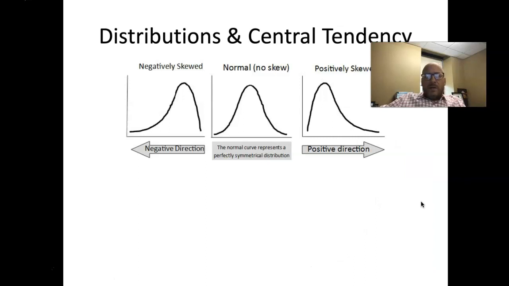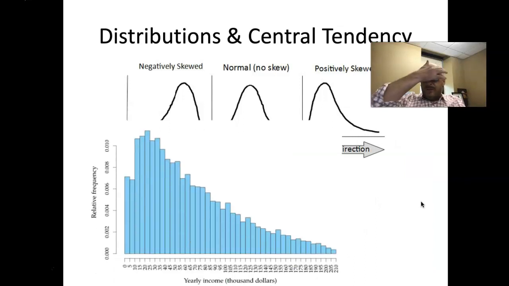I'll show another example. This is the annual yearly income in thousands of dollars, I think, in the United States. What you should see is that this is a positive skew. It goes up, comes down this direction a long way, but it can't go below zero. That's because there's no such thing as a negative income.